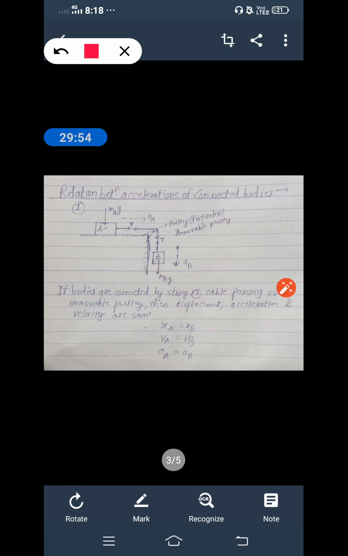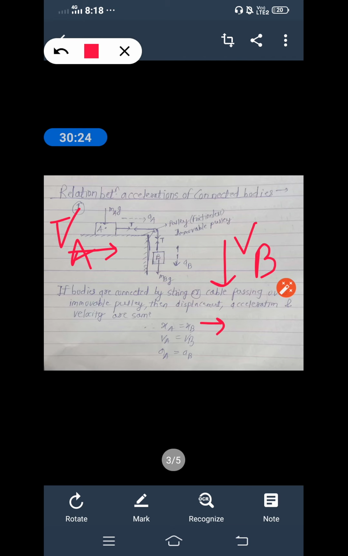Next is your velocity of block A. The velocity of block A and the velocity of block B are the same. Both the velocity of block A and the velocity of block B are the same in this situation. Why are VA and VB the same? Because suppose we differentiate this with respect to t.